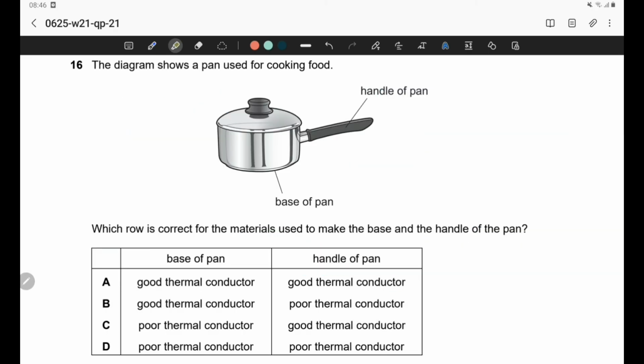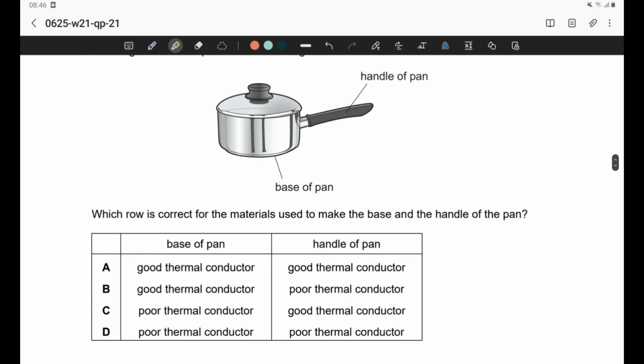Question 16. The diagram shows a pan used for cooking food. Which row is correct for the materials used to make the base and the handle of the pan? So the base of the pan, we know that the base of the pan should be a good thermal conductor, because it should transfer heat from the fire. Then only we can cook the food so quickly.